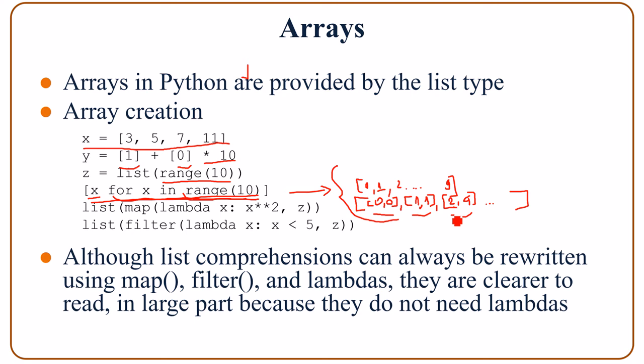List comprehension can allow you to look into more complex structures. So what if we don't have a range of something? What if we have a list instead of range 10?